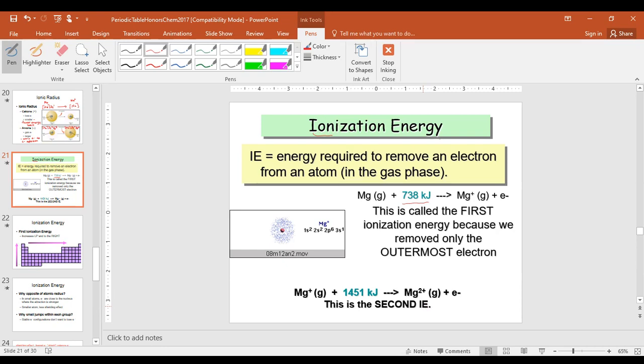So I want to go over what happens with this trend and the reason behind it.